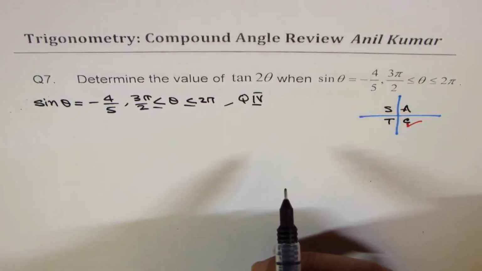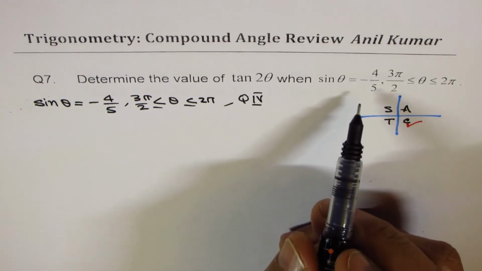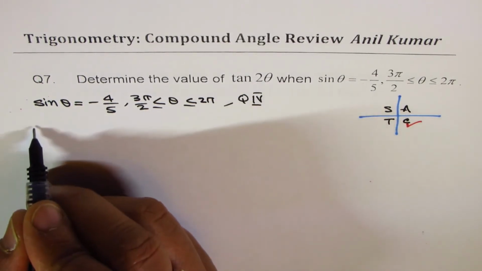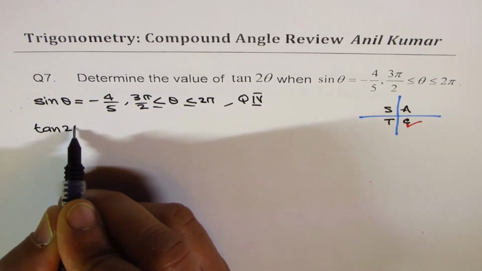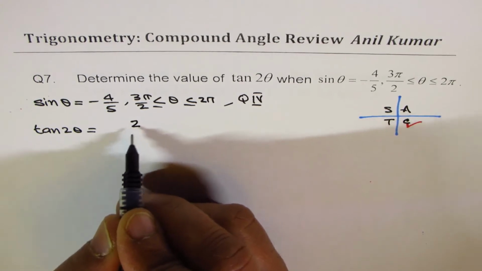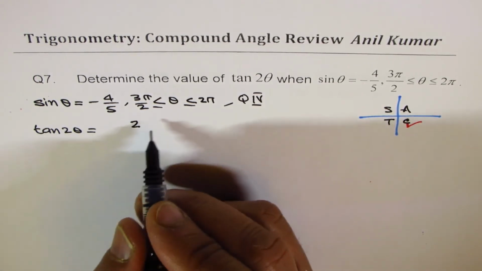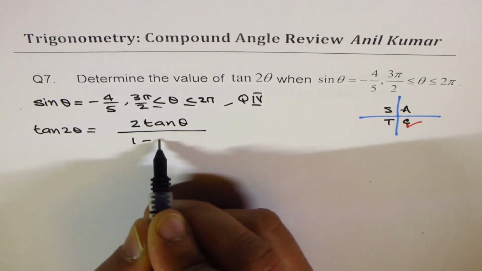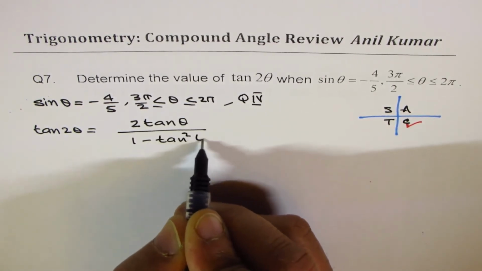Sine value is negative as given to you. Okay, now we need to find what tan 2 theta is. Tan 2 theta, we can straight apply the formula, which is tan theta plus tan theta, which gives us 2 tan theta over 1 minus tan square theta, correct?